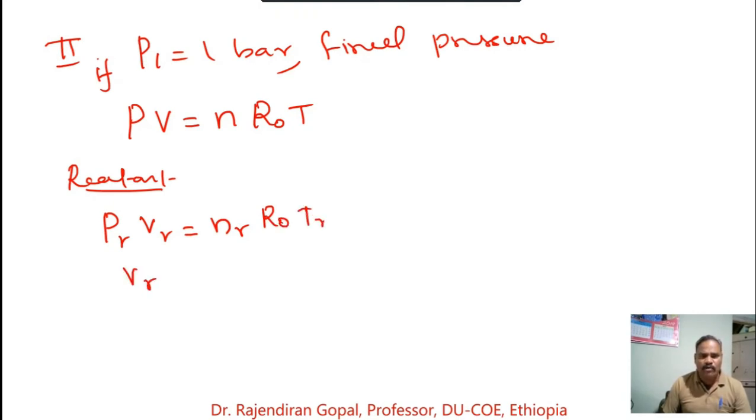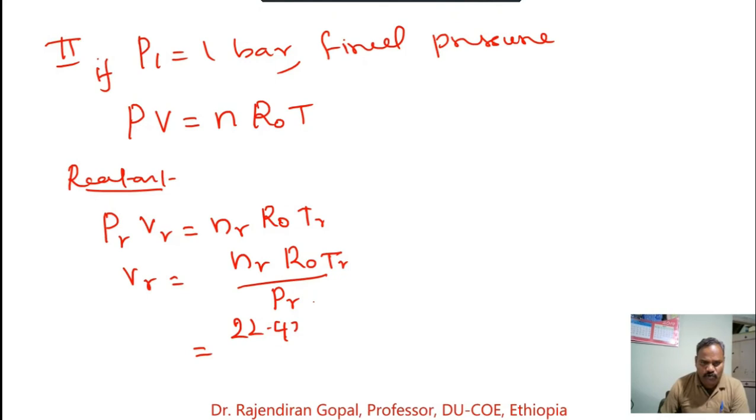So volume of the reactant is equal to N of reactant, R naught and T of reactant divided by P of reactant. N of reactant is equal to 22.42, R naught stays as R naught, T of reactant is 298, and pressure is equal to 1 bar.